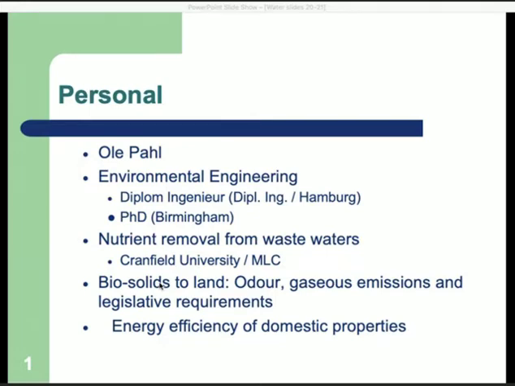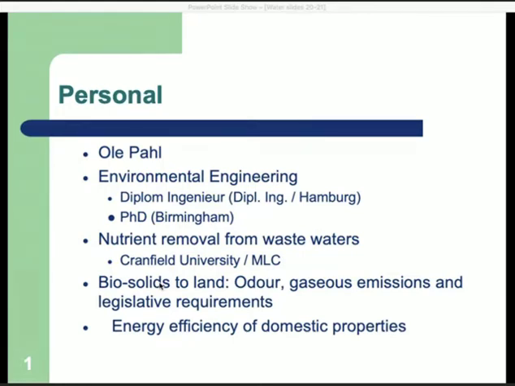I'm an environmental engineer. I studied at an institution very much the same as Glasgow Caledonian, an applied sciences university. Then I went to Birmingham and spent three very happy years of my life stirring poop, animal poop, and that was all in the context of treating the wastewater so that we remove nutrients.